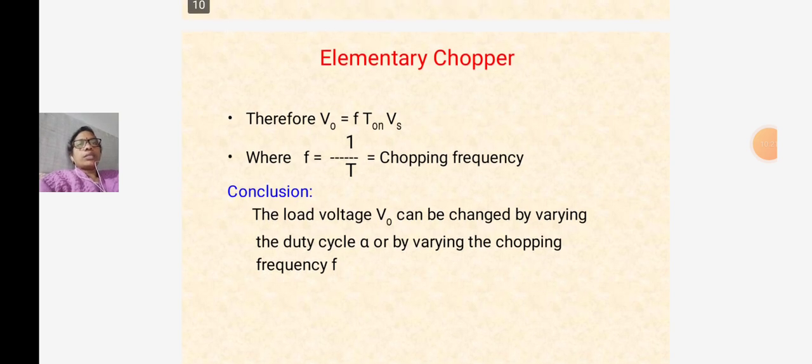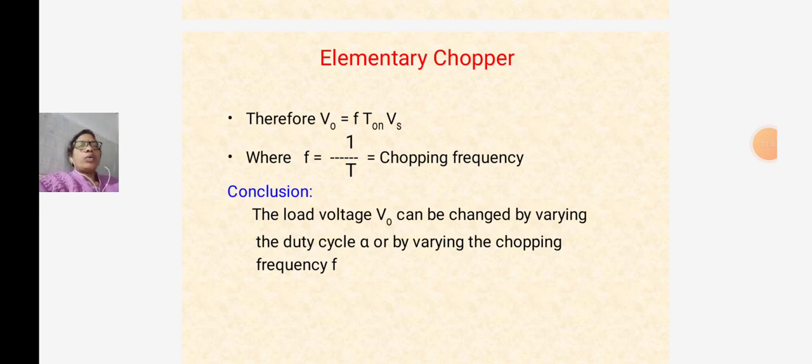Therefore, output voltage is equal to F T on into Vs. Here F is 1 by T, meaning chopping frequency.